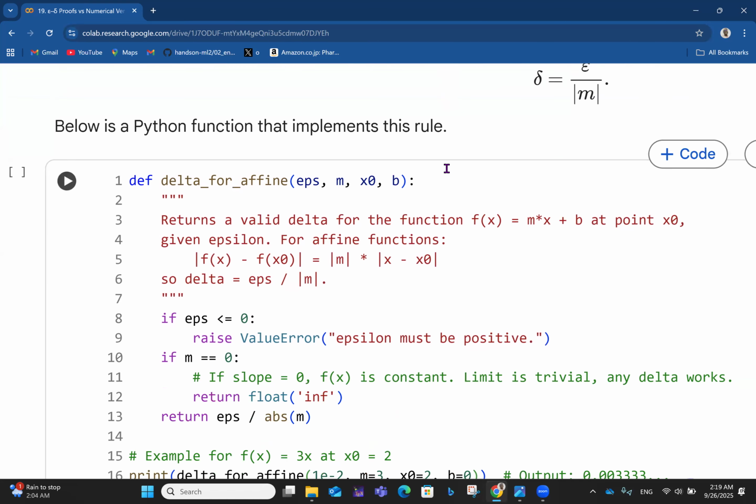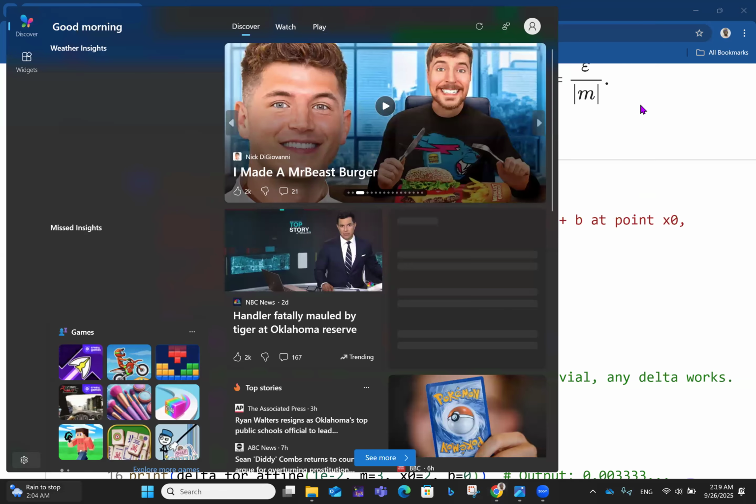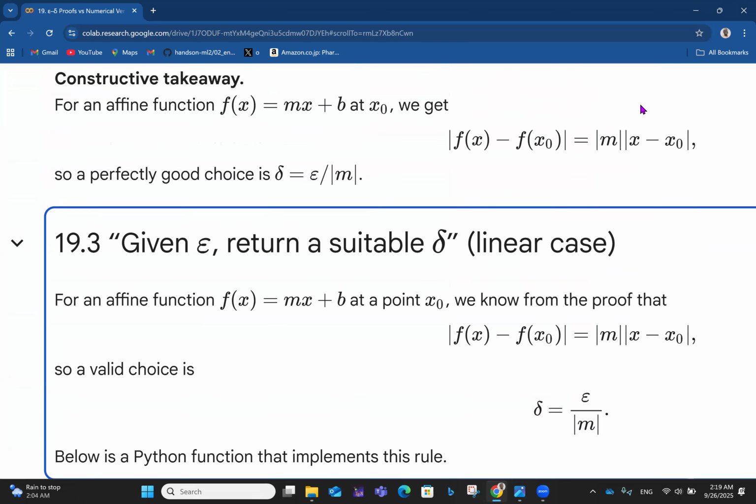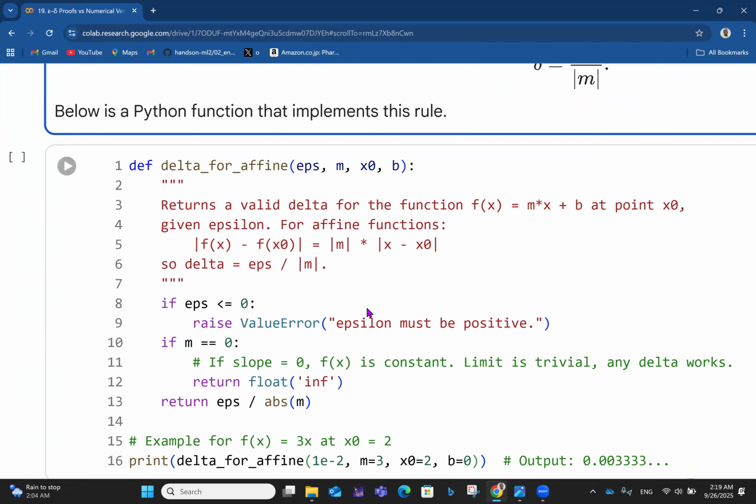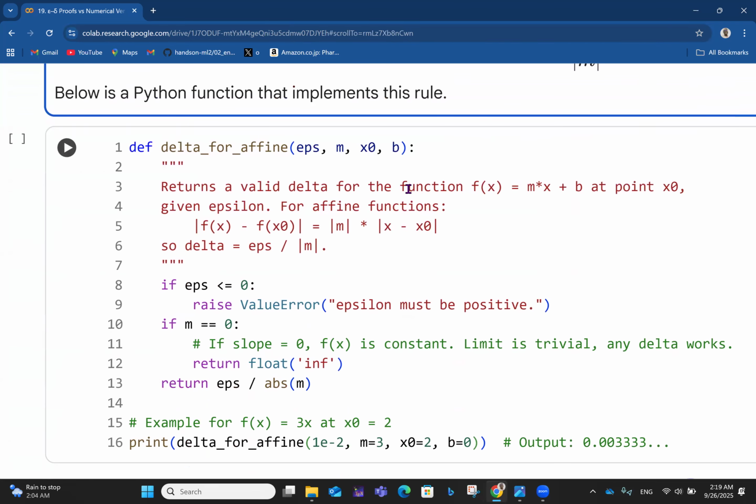Then we also have x naught and then we have b, talking about f of x equals mx plus b in that situation. So this returns a valid delta for the function f of x equals mx plus b at point x naught given epsilon. So for affine functions, we simply have absolute value of f of x minus f of x naught equals absolute value of m multiplied by absolute value of x minus x naught, so that delta can be epsilon over absolute value of m.